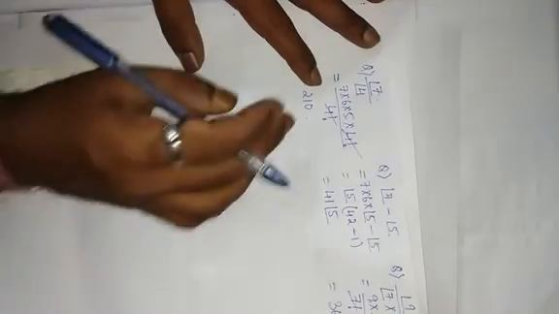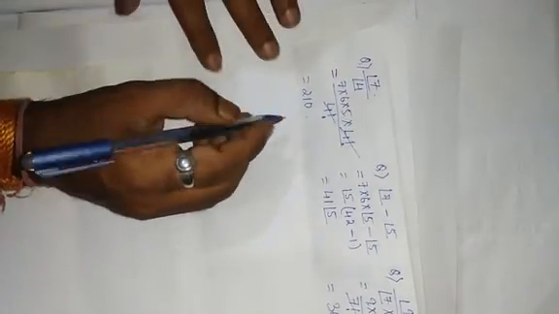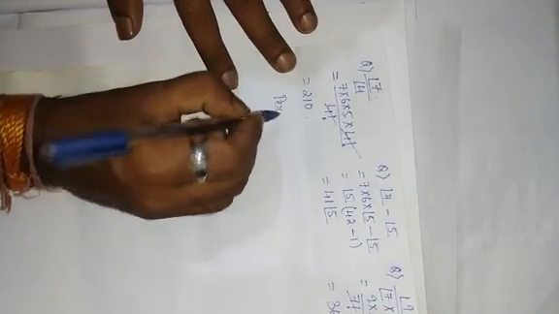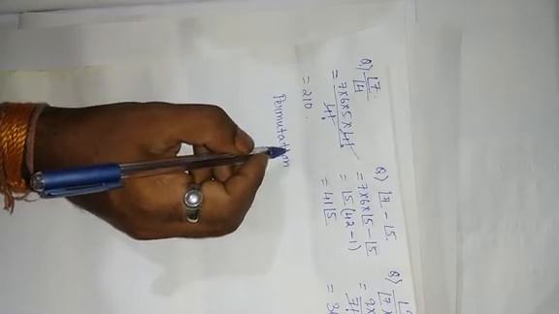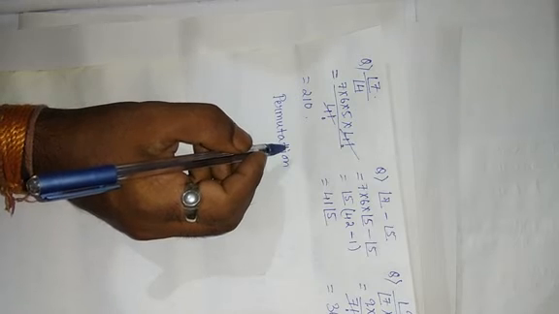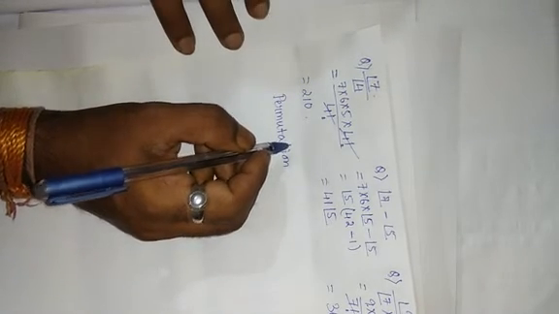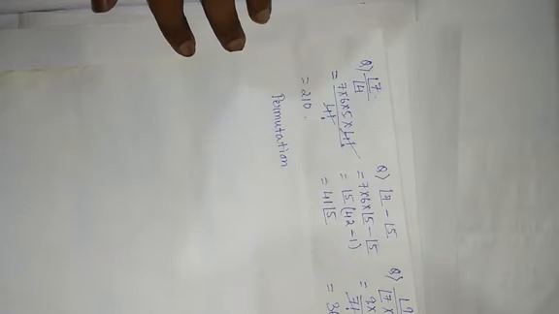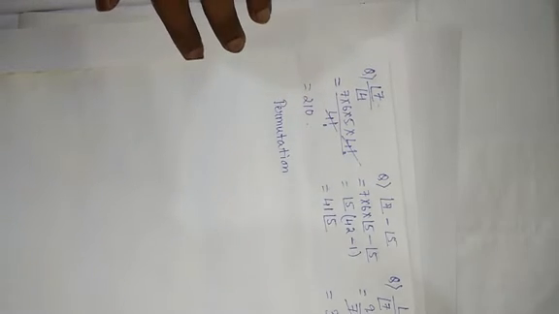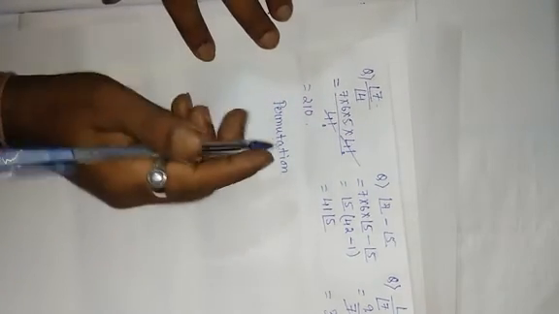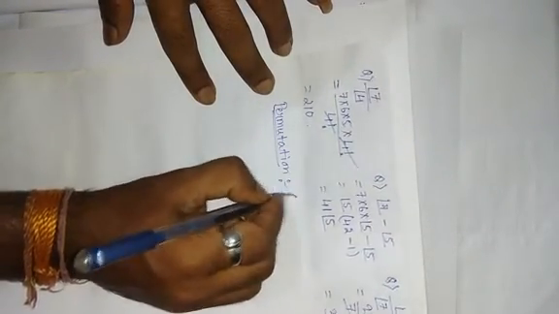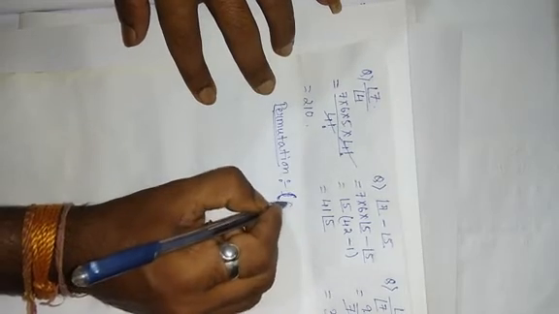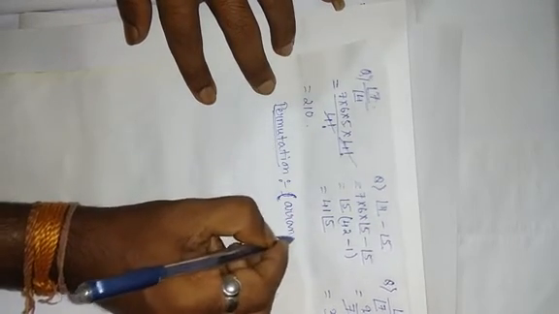Now let us come to the permutation. What does the word permutation mean? Permutation means, in short or in brief, you can tell it as arrangement.